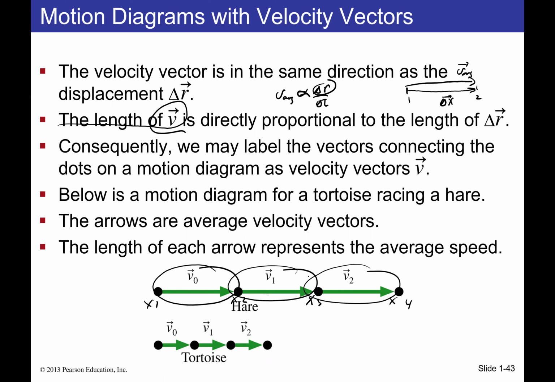Now, what we see here is all of those three velocities have the same direction and have the same magnitude, which means they are equal to one another, which means this is a constant motion.